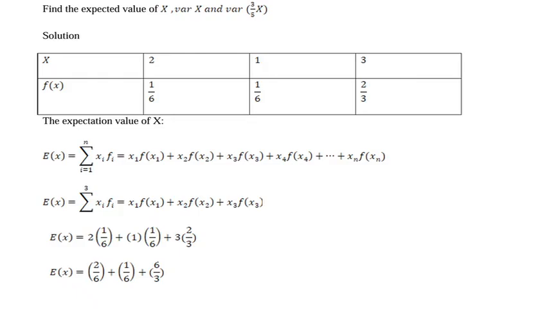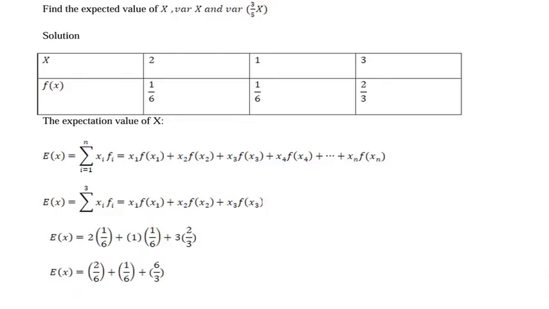It depends on the number of xi and f of xi that we have. Now from this example, we have 3 xi and 3 f of xi. So our E of x equals the summation, i ranges from 1 to 3, because we have 3 xi f of xi.